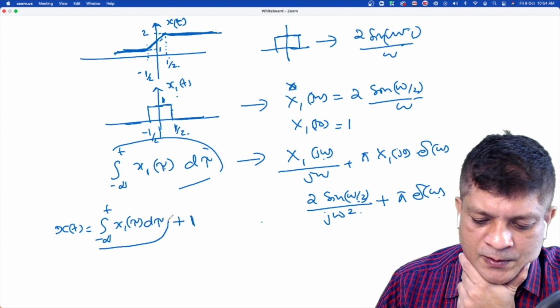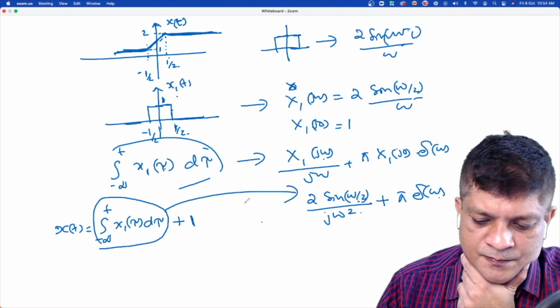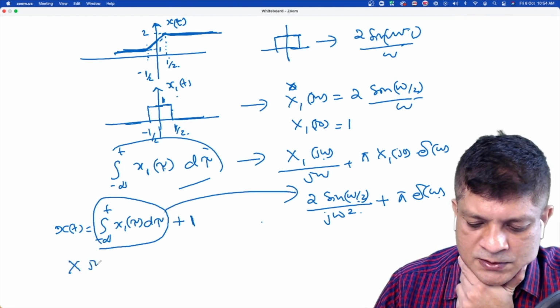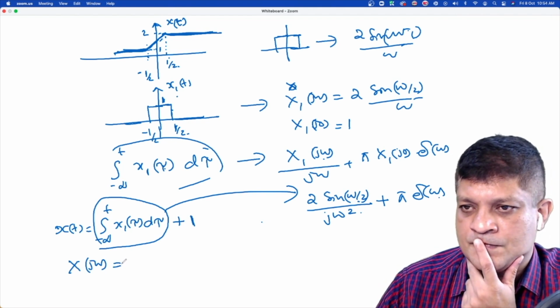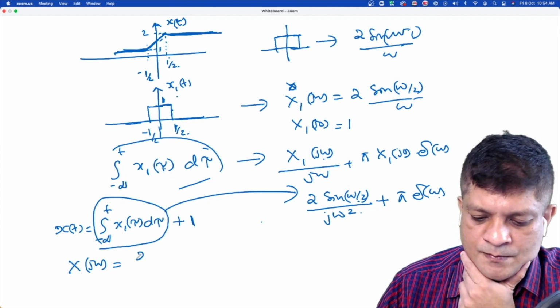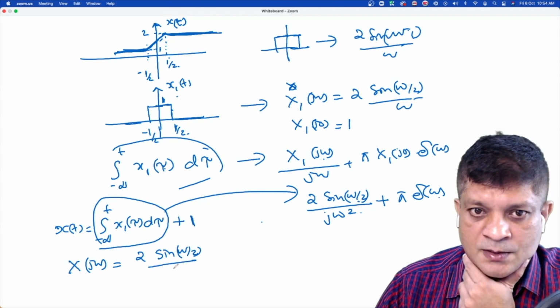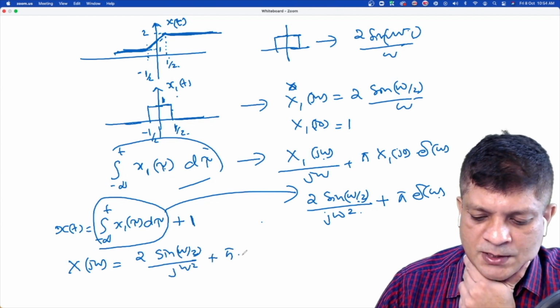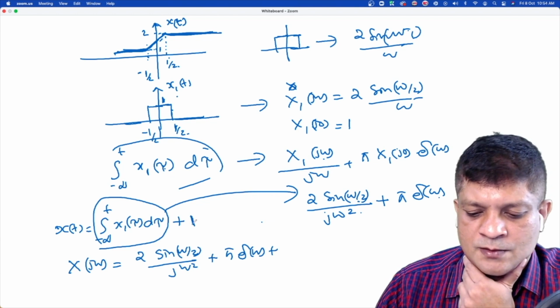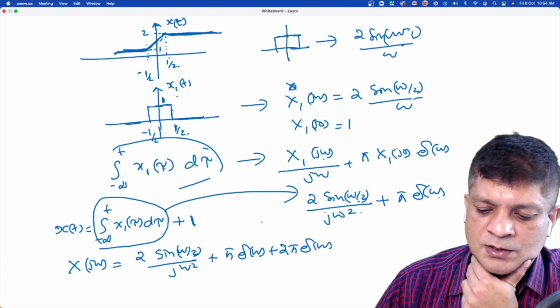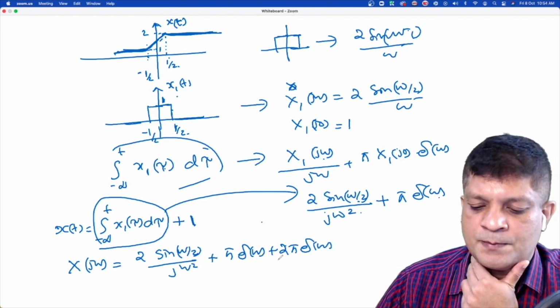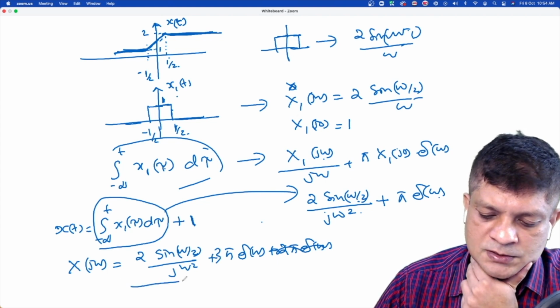Now we have the Fourier transform of this. What is the Fourier transform of x(t)? 2 sine omega by 2 by j omega square plus pi delta omega plus, what is the Fourier transform of 1? 2 pi delta omega. So the answer is this plus 3 pi delta omega.